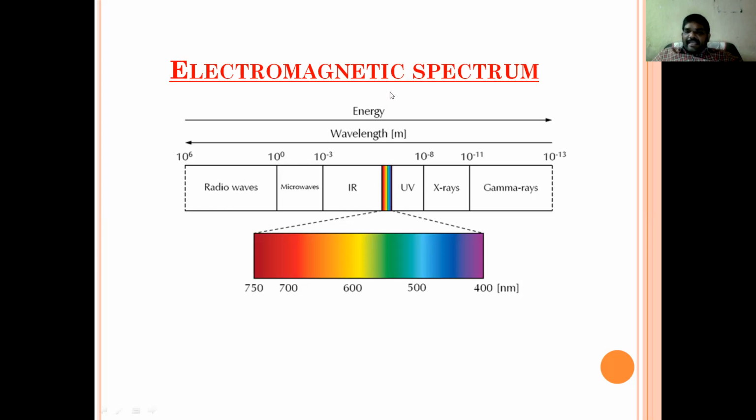The remote sensing images will be stored in these bands, and the energy will be received by the processing stations, where the energy stored in these bands will be retrieved. Only then can you get the characteristics of the target and retrieve the information about the target. Hope you understood. This is about today's topic.